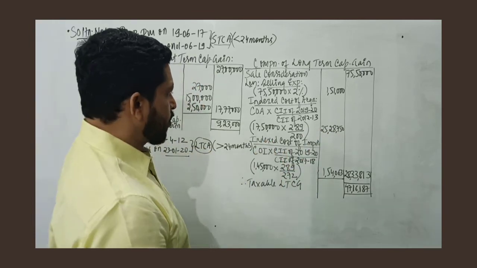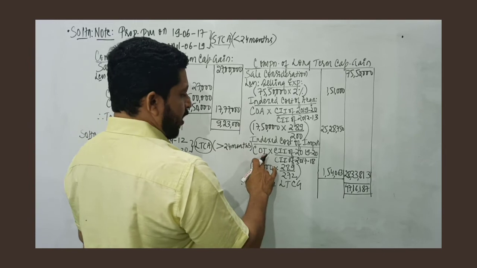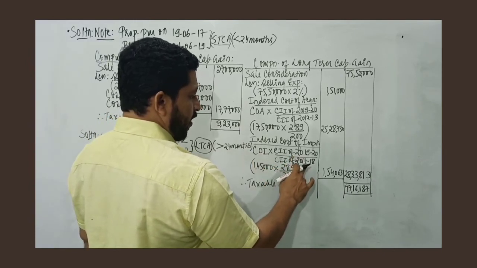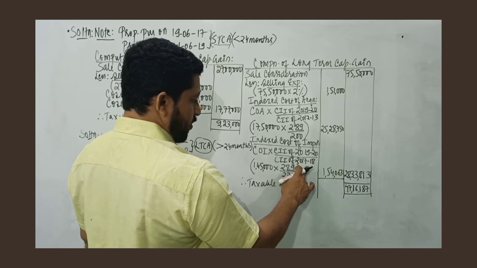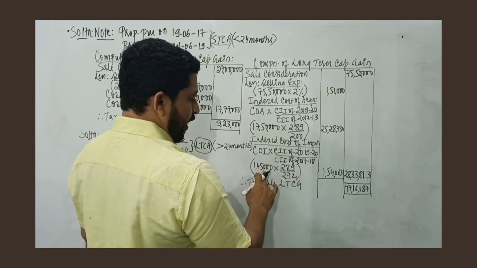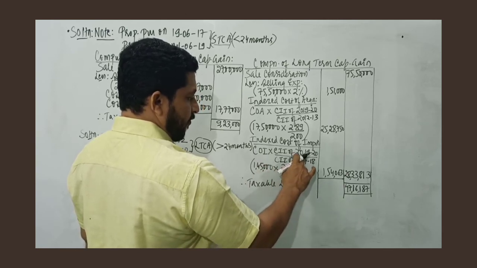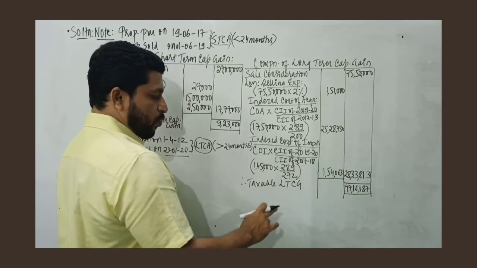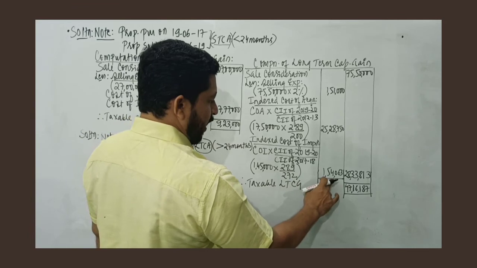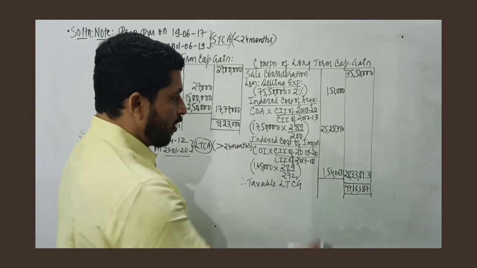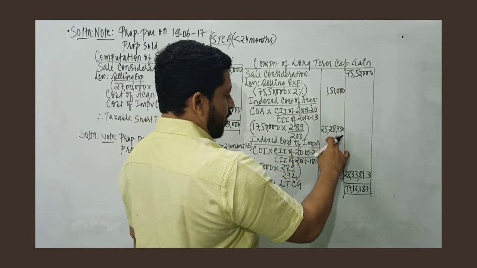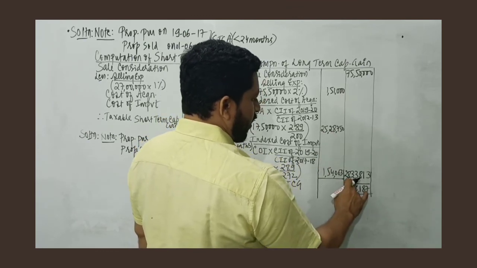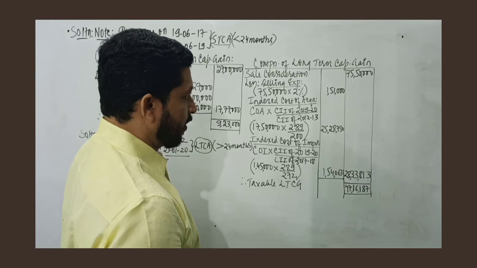Then we deduct index cost of improvement. We take cost of improvement into CII of the year of transfer divided by CII of the year in which the improvement took place. Cost of improvement is 1,45,000, CII of 1920 is 289 and CII of 1718, given in the problem, is 272. When you calculate, you get 1,54,063. So selling expenses, index cost of acquisition, index cost of improvement, when you add up all together, you get 28,33,813.